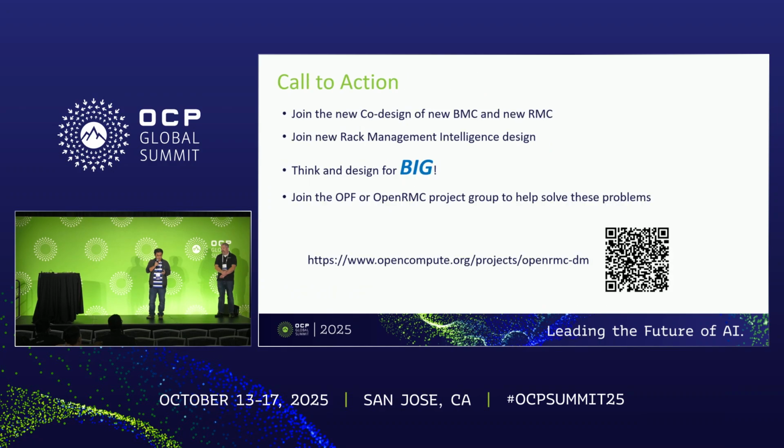So I think, call to action: in this talk, we already gave an update on spec 1.2 and provided some guidance on 1.3. The main focus is to tell the community that we do see an increased role of the RMC for future DC AI infrastructure.